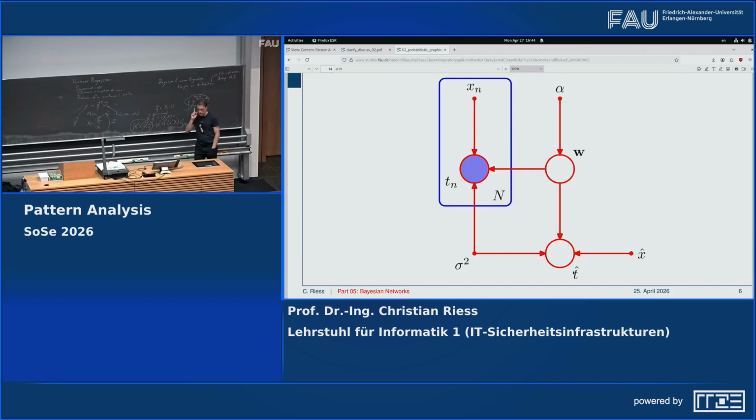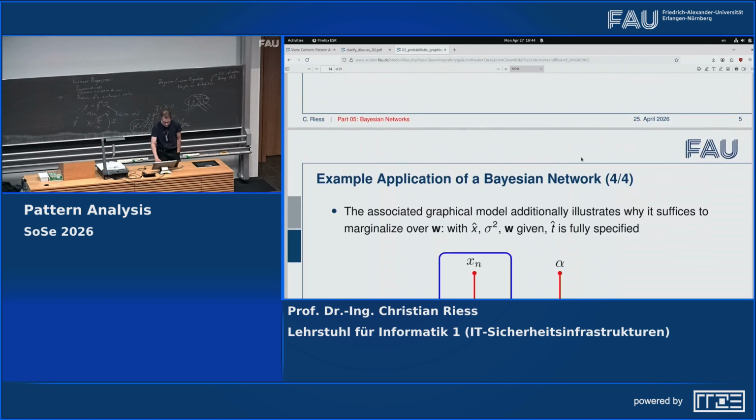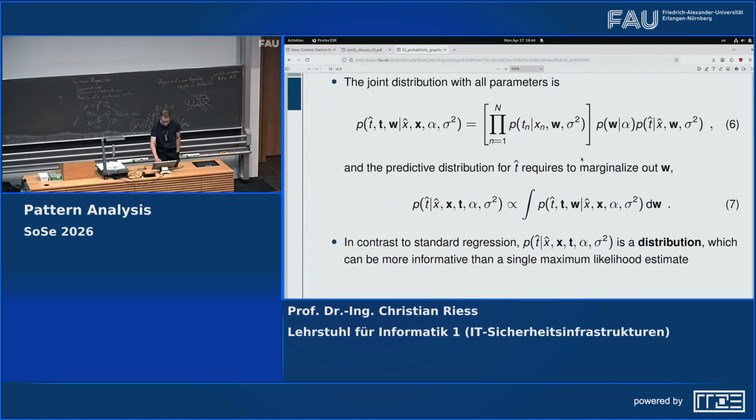Yeah? So this means that we need to marginalize over all possible weights that could be assigned. No? Marginalizing over all possible weights means if we would like to do this exactly, we would have to evaluate an integral over all these weights, no? Which in most of the cases doesn't work.